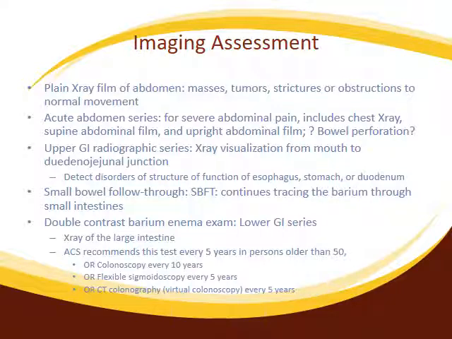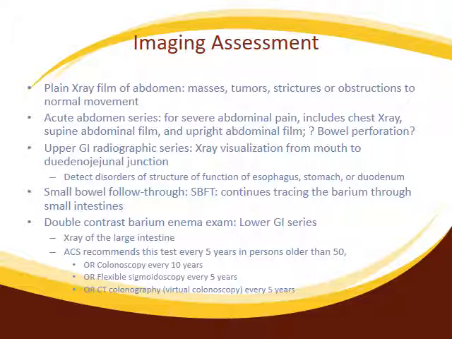Acute abdomen series, you may see that be ordered a lot. And that's done for severe abdominal pain, and it includes a chest x-ray, supine abdominal film, and then an upright abdominal film. And what it's looking for is the bowel perforation, which would be one of the most likely causes for that acute abdomen.